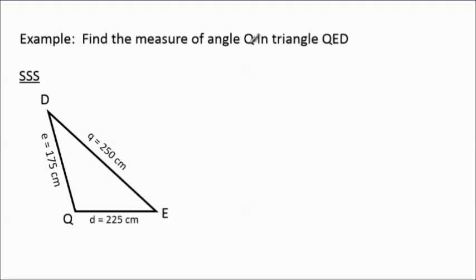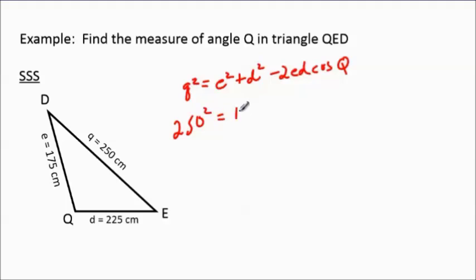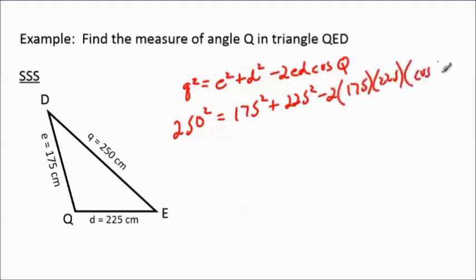Okay, so I'm looking for angle Q. And that tells me that in my formula then, at the end, I'm going to have cosine of Q. So that means I'm going to start out with side Q. So Q squared is going to equal E squared plus D squared minus 2ED times the cosine of Q. I have to find Q, so I'm going to start out with side Q. I know Q, that's 250 squared, and that equals 175 squared plus 225 squared minus 2, and I use those again, and that's times the cosine of Q.